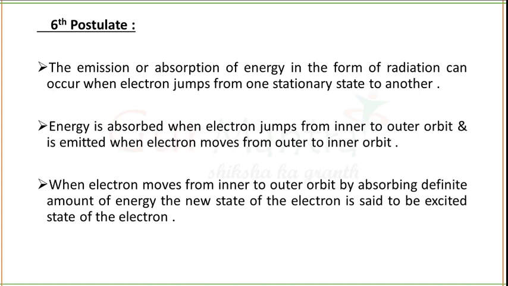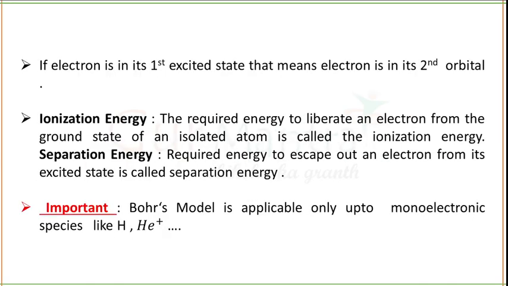Next point is, when electron moves from inner to outer orbit, it absorbs some amount of energy, and the new state of electron is said to be excited state. Excited state is the state when an electron absorbs some amount of energy and moves to a further orbit.